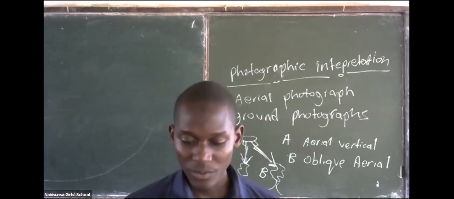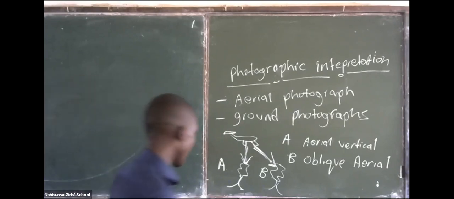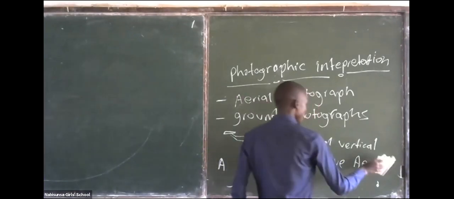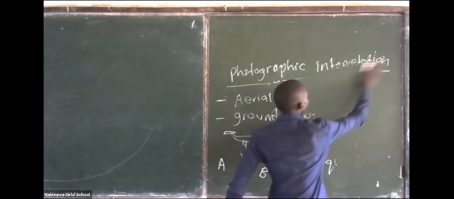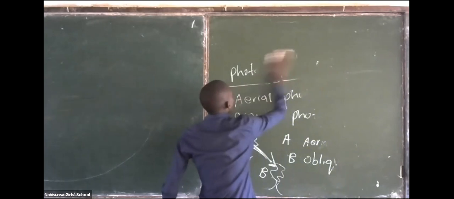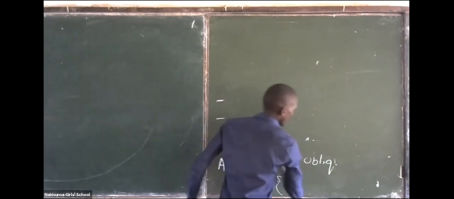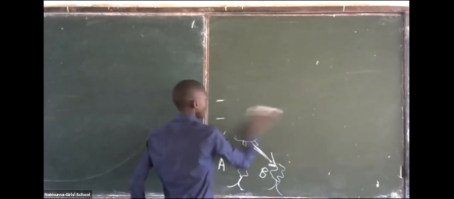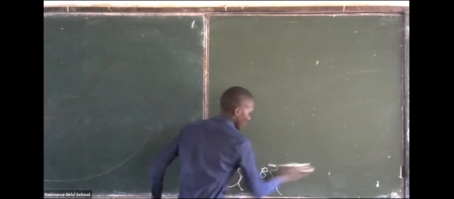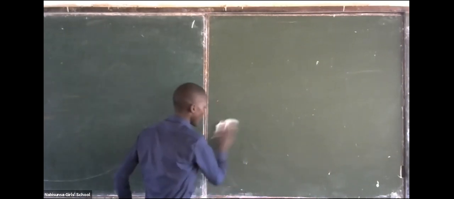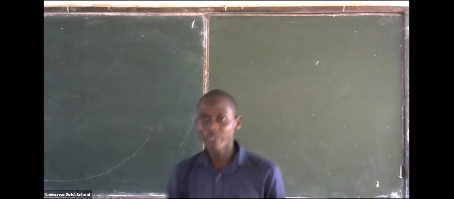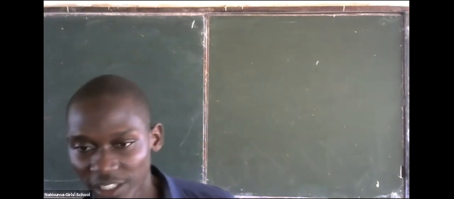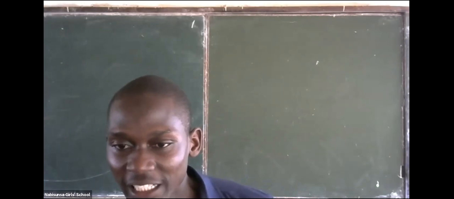Because right now, we are going to do an activity. So get where to write, get where you are going to do the work. Any question about photographic interpretation? Put up your hand if you have not understood. Esther, are we clear?